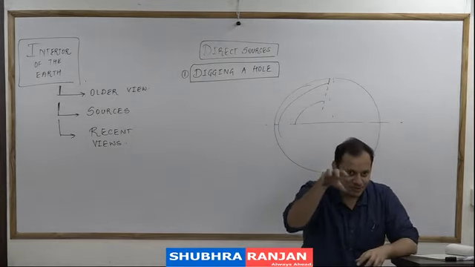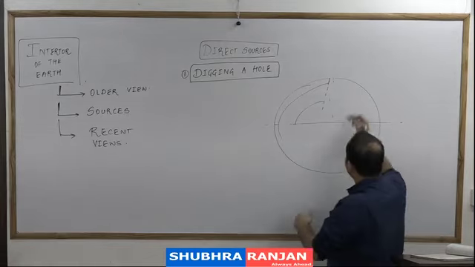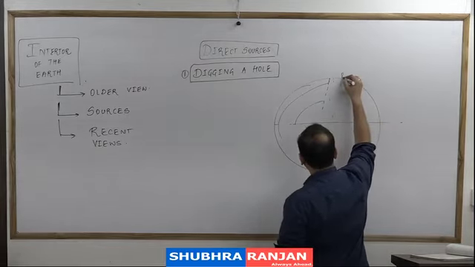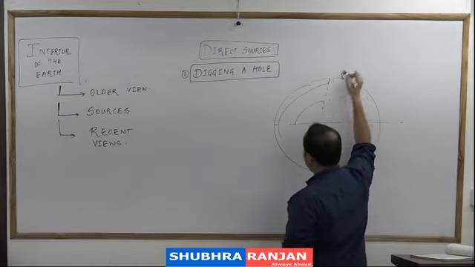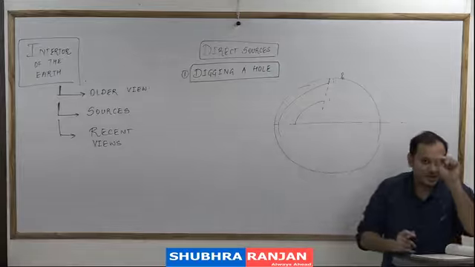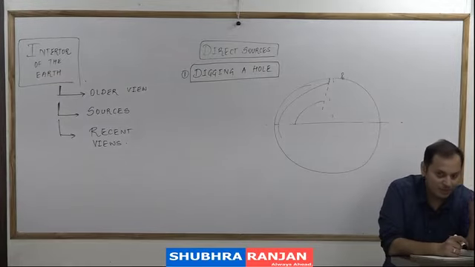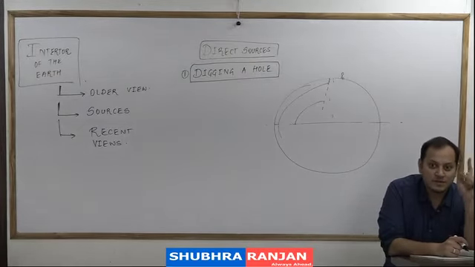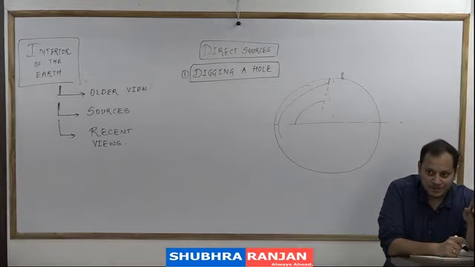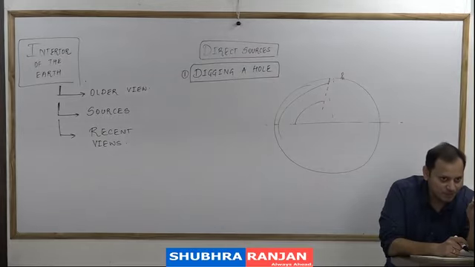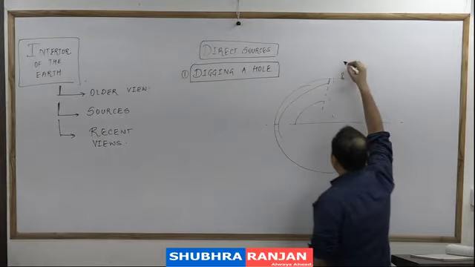Atmospheric pressure जिसको हम कहते हैं, we are standing here. So in our body, on a single square centimeter of our body there is 1 kg of the pressure of air, and we will call this an atmospheric pressure.